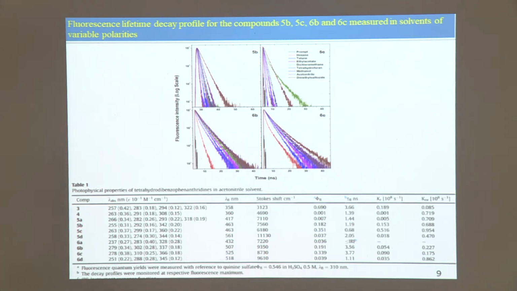Then we went to 5C. 5C is N,N-diethyl benzaldehyde, that is, in the para position you have N,N-diethyl. Here again it is redshifted, and almost the same, there is no difference in the emission spectra of N,N-dimethyl and N,N-diethyl.